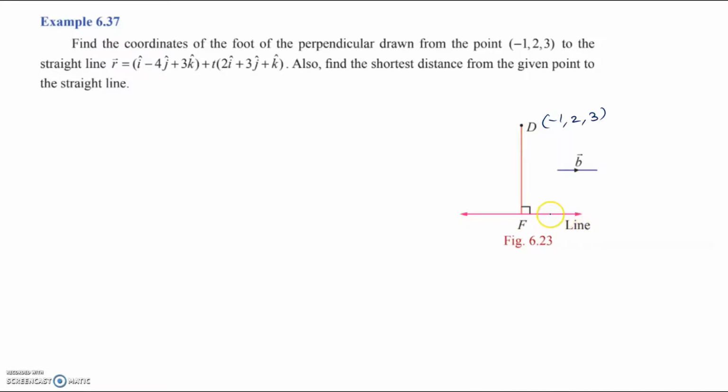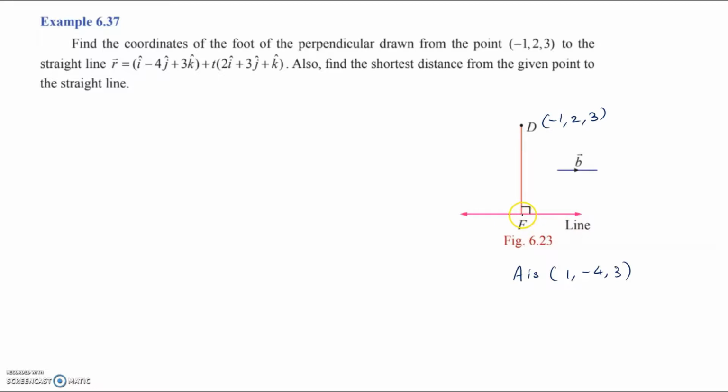Now we can define the point on the straight line, x1, y1 and z1, as a point on the straight line. Let's define that as A. So A is 1, -4 and 3, which is from here. So this A is a point on the straight line.